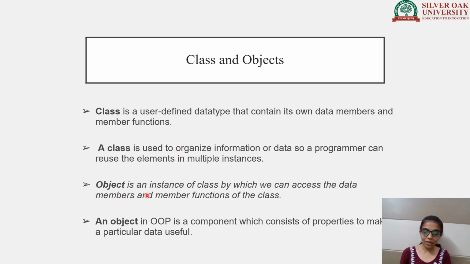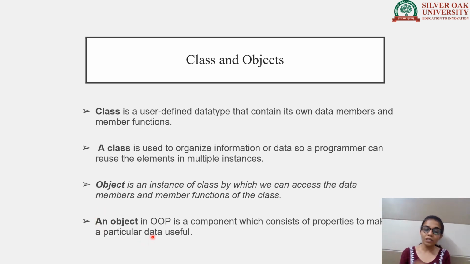An object is an instance of a class by which we can access the data members and member functions of the class. I can't use the class directly to access the data; I need to create an object first. That particular object will have unique properties, like object one will be a Maruti and red in color.